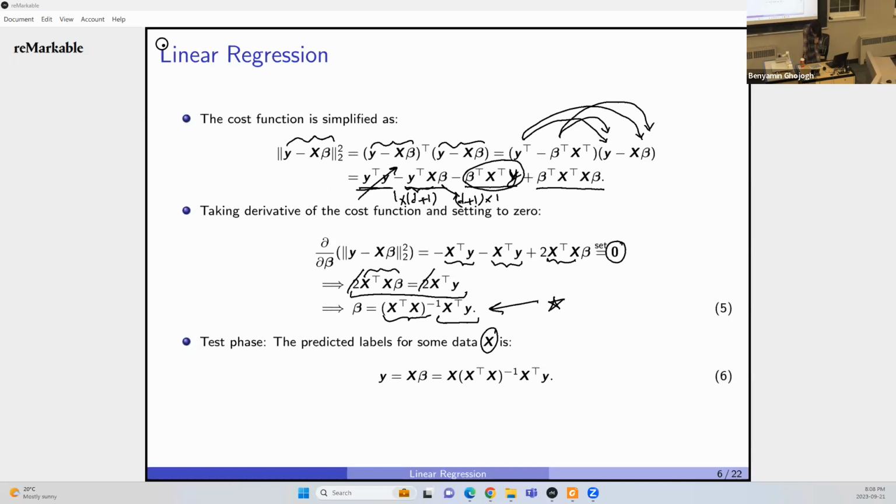What formula should I use? I claim that it is X beta, but can you tell me why my claim is correct? Yes, it's linear regression, but can you explain more clearly why X beta is the correct formula?